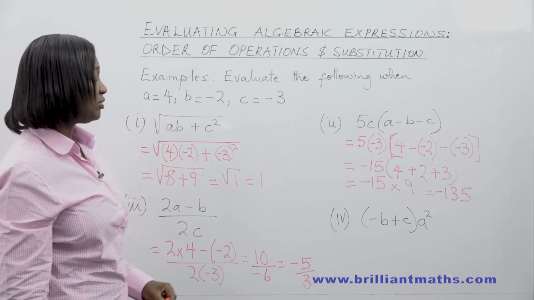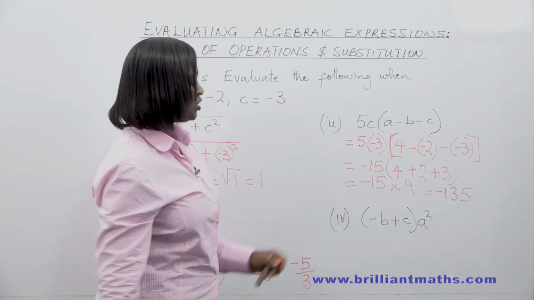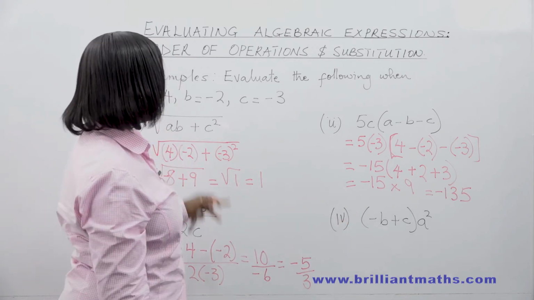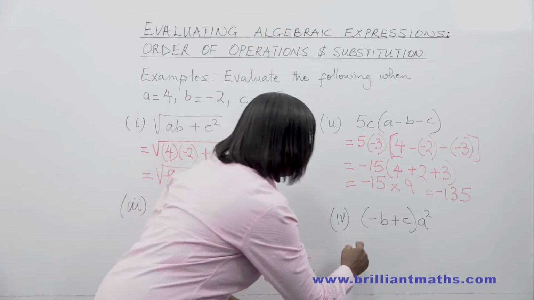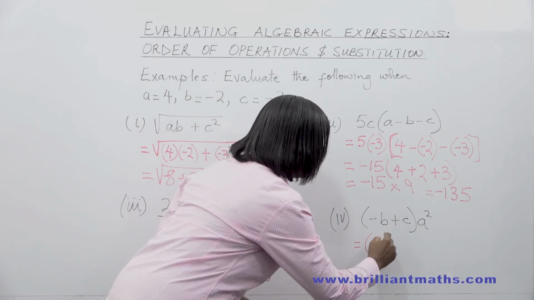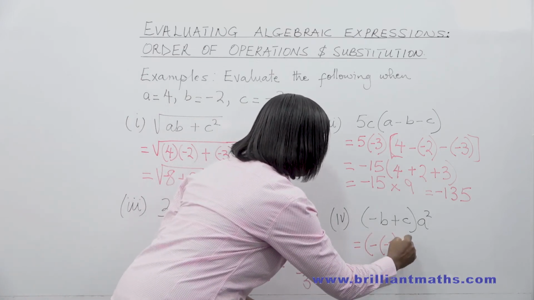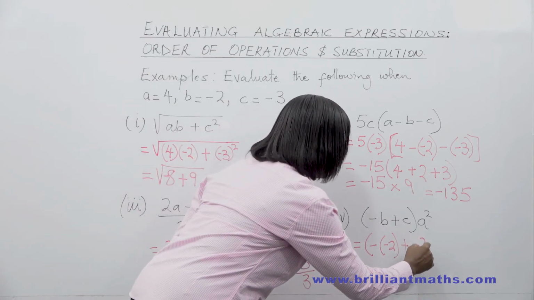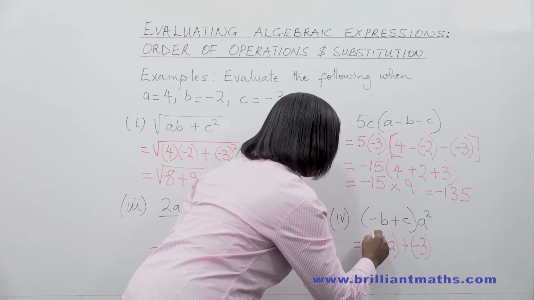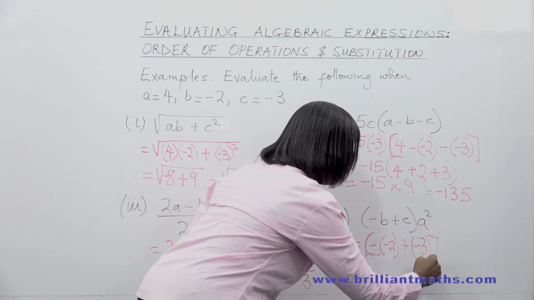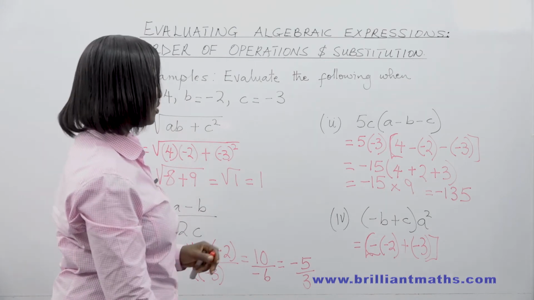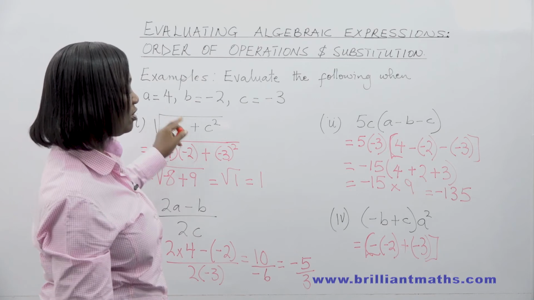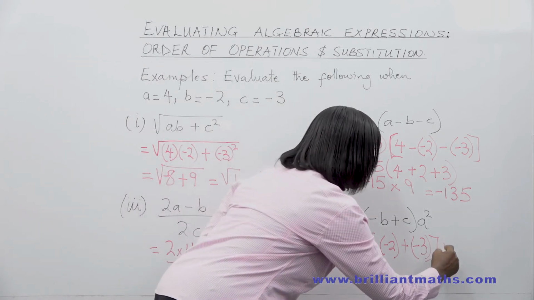And for the last example, minus b plus c is in a bracket, and we're multiplying that by a squared. B is minus 2, so we have minus minus 2 plus c is minus 3. A is 4. So a squared is 16.